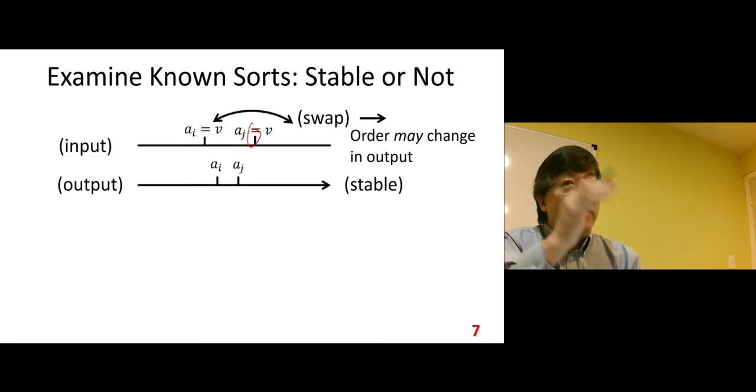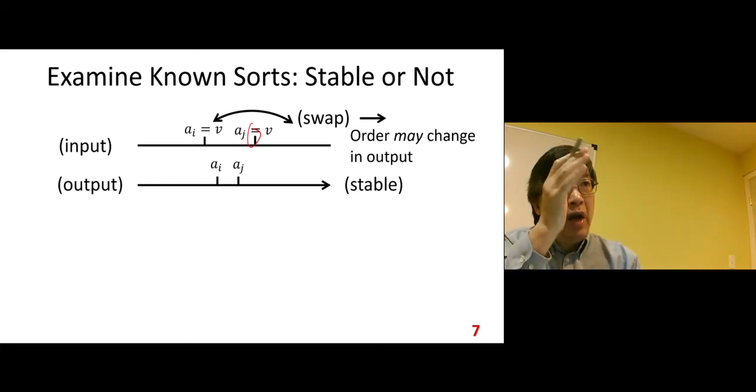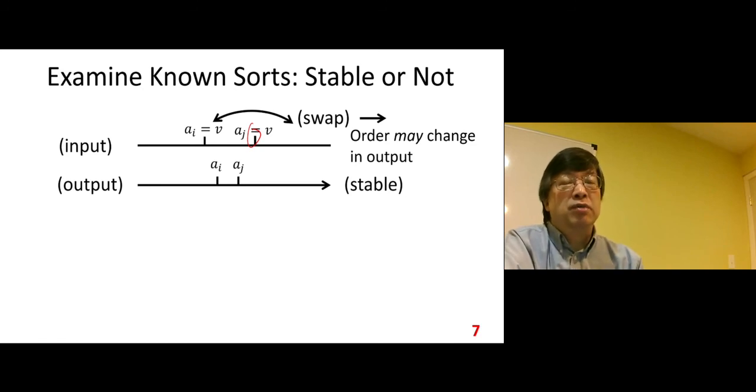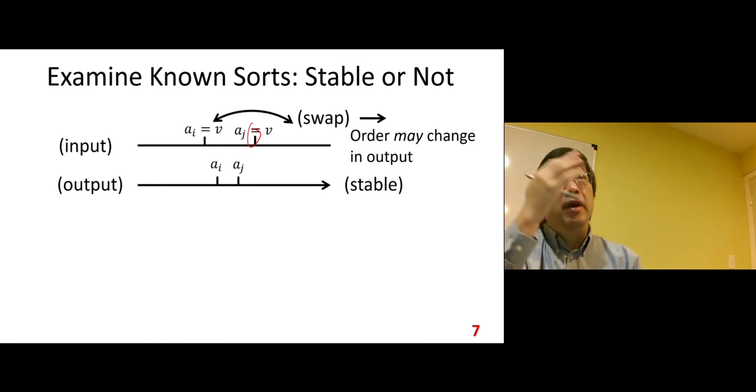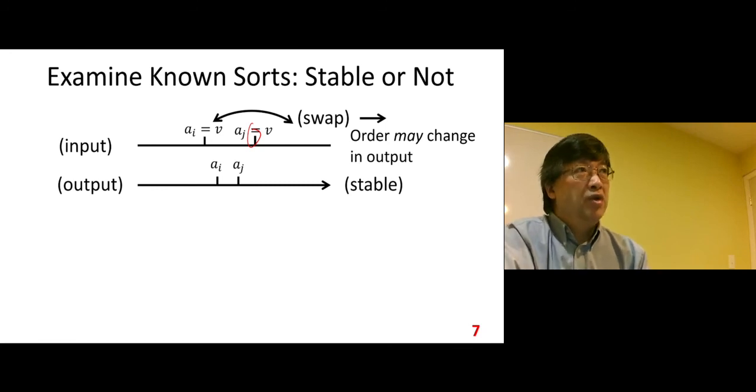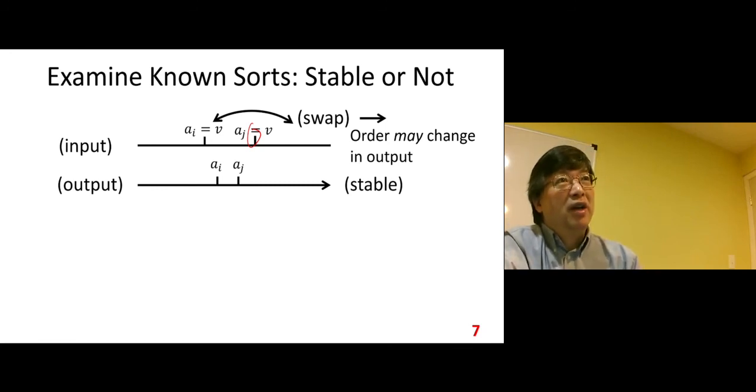But if a sorting algorithm may do non-adjacent swap operations, then it is very likely, as we will see in the general case, not stable. Adjacent swap is fine.